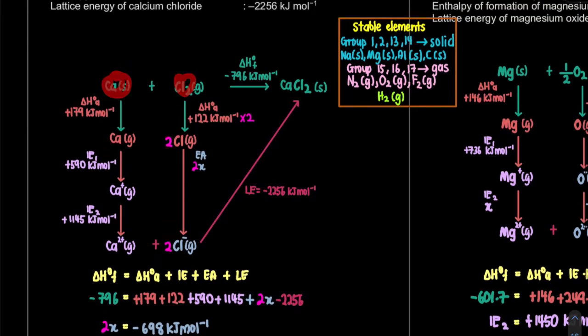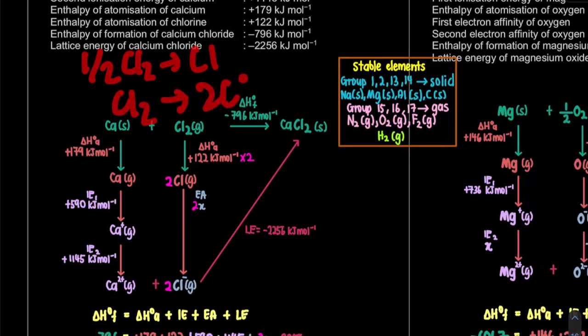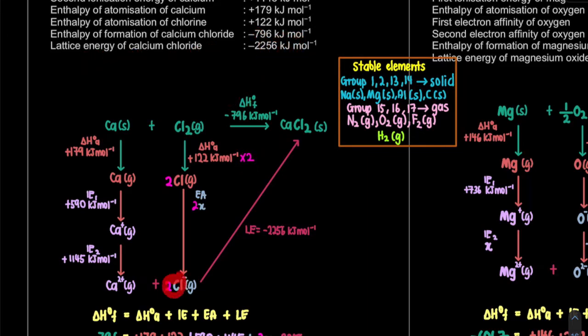So again, the enthalpy of atomization is actually when half Cl2 becomes Cl. Tapi this equation is Cl2 become 2Cl. So we have to multiply this value by 2 to get this value. So that's why, multiply by 2.